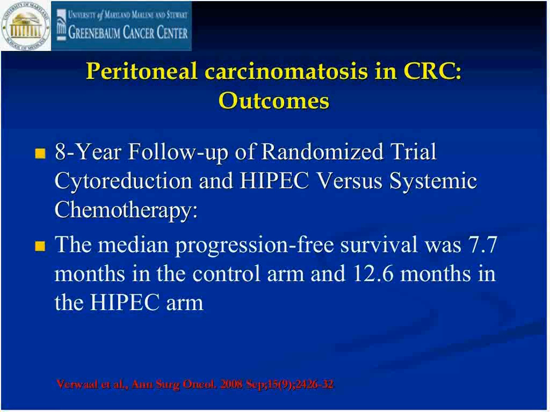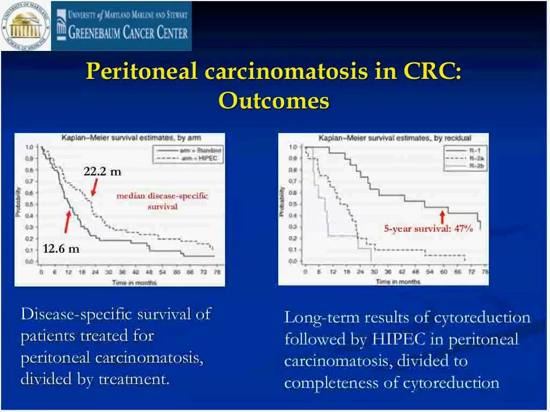So you can see the difference in the median progression-free survival. In fact, if you look at the disease-specific survival of patients treated for peritoneal carcinomatosis, compared to standard treatment with systemic chemotherapy, the HIPEC patient had at least an additional 10 months of disease-specific survival.